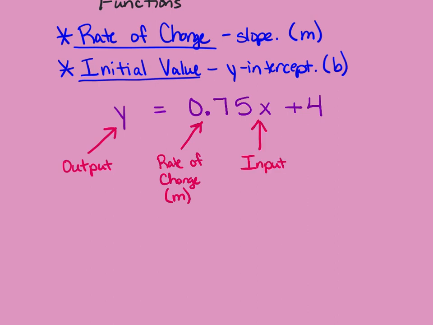In functions, your x values are called input. And then remember that in y equals mx plus b, that b is the number by itself, and in this case the number b is 4, which is the initial value, also called the y-intercept.